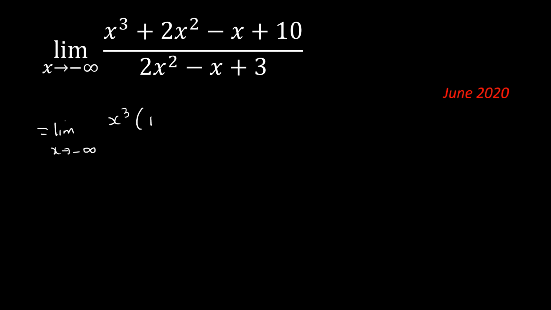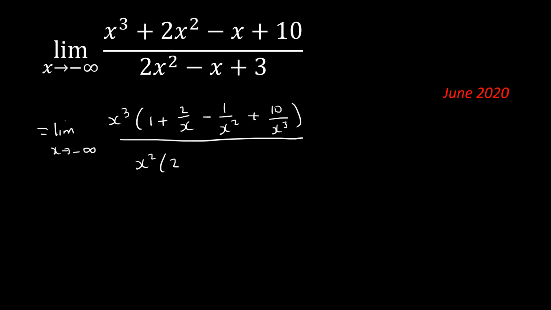Then I'll be left with 1 plus 2 over x minus 1 over x squared, because I'm dividing by that everywhere, plus 10 over x cubed. At the bottom, my highest power is x squared. So here I'll be left with 2 minus 1 over x plus 3 over x squared.